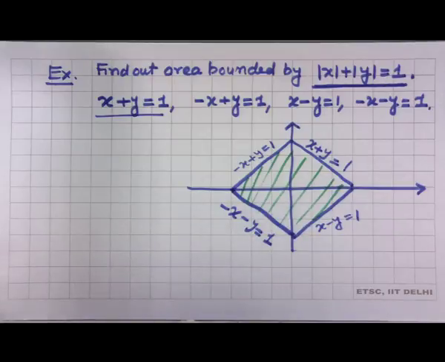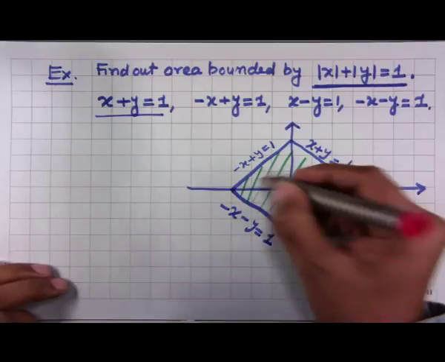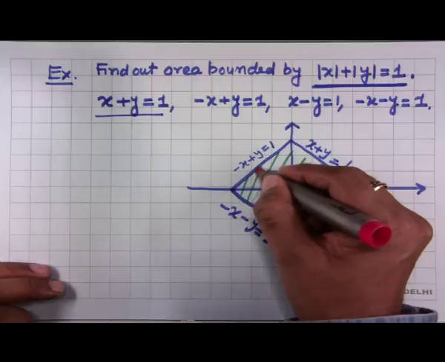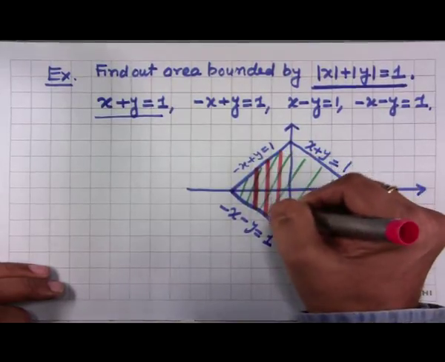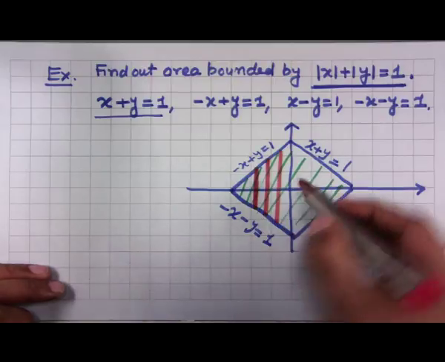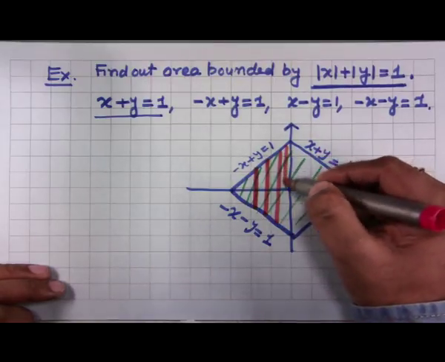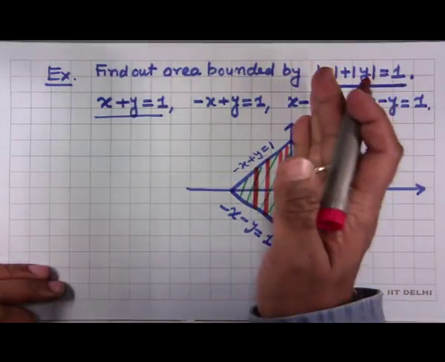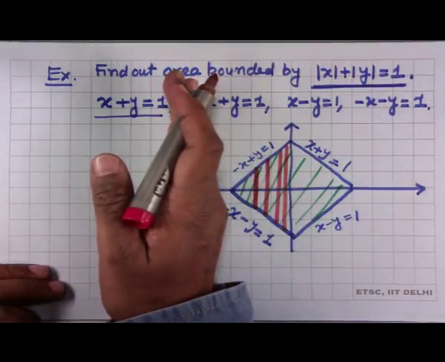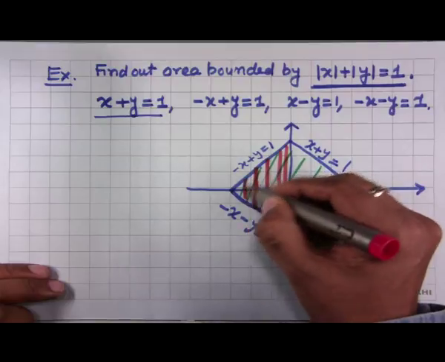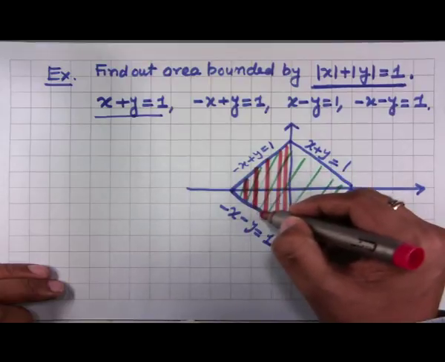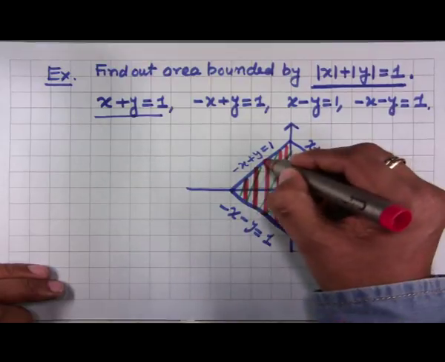Let us divide this area into thin vertical strips like this. So, what you can see is for this portion, which is on negative side of x axis, the elementary rectangles start from this line and finish on this line.